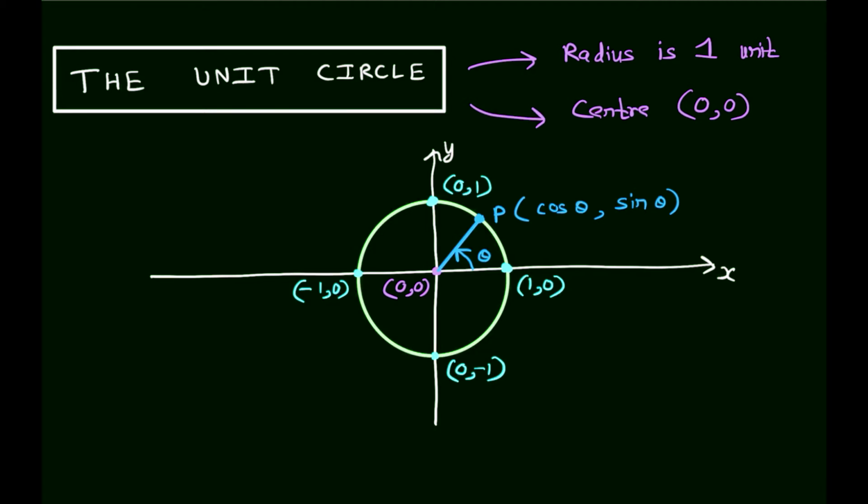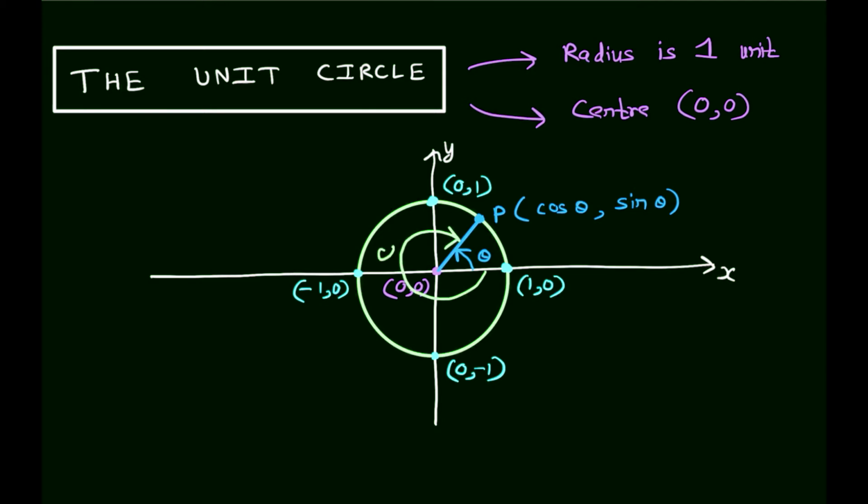Now this angle can be in the anti-clockwise direction, which means in this direction, and this angle can also be in the clockwise direction, which means in this direction. So let's say that this point P is making an angle of theta in the anti-clockwise direction as shown by this arrow, and this point P is making an angle of, let's say, alpha in the clockwise direction.